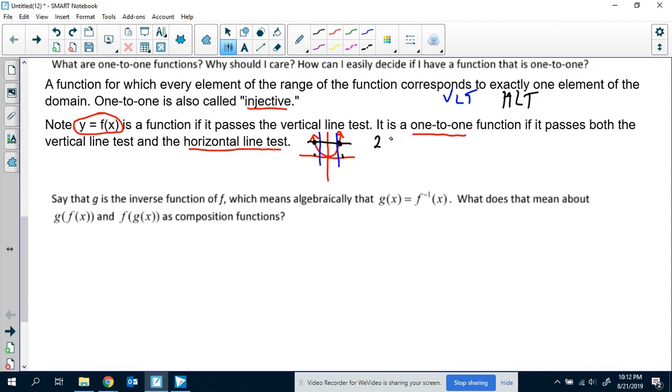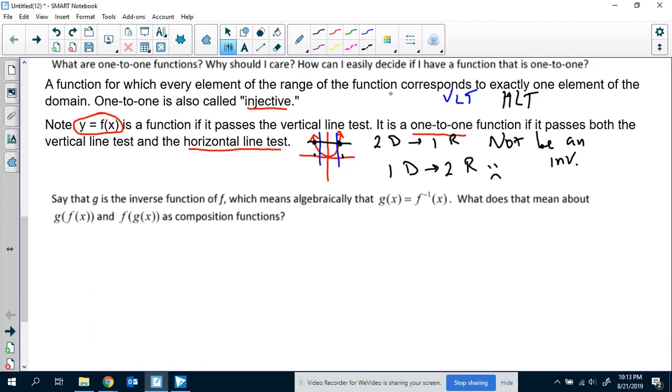So I have two domain elements that go to one range element. I know that there won't be an inverse function anytime it doesn't pass the horizontal line test, because if I then flip the domain and range, that means I have one domain element going to more than one range element, and that's bad. So therefore, the horizontal line test has to be passed in order for something to be one-to-one.